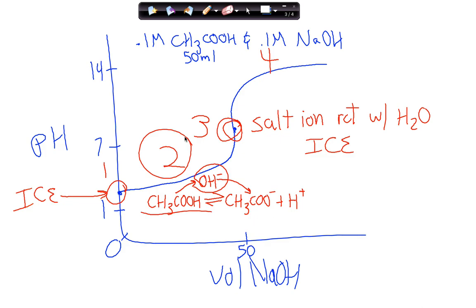So let's talk about the logic behind the calculation. What's going on in this region? Well, we take a lot of acetic acid molecules and we bang away at them with sodium hydroxide. The hydroxide ions convert the acetic acid into acetate ion, and the pH is then determined by how much of this hasn't yet happened, going back to equilibrium.